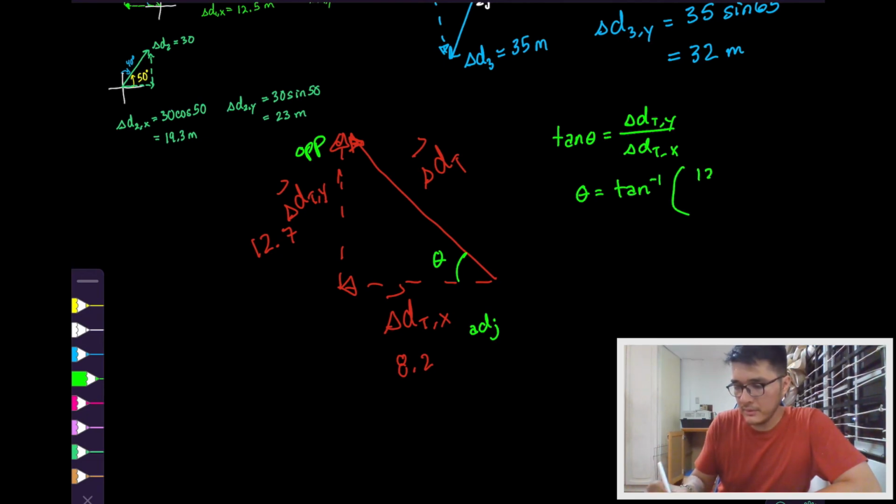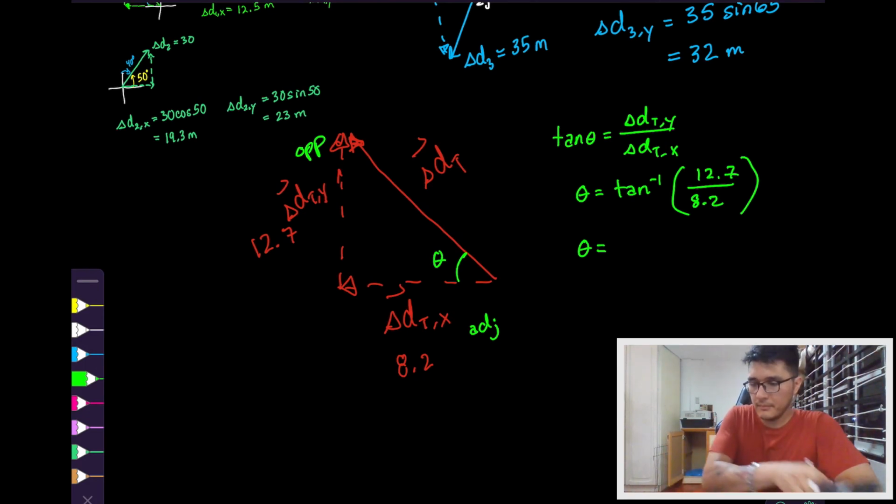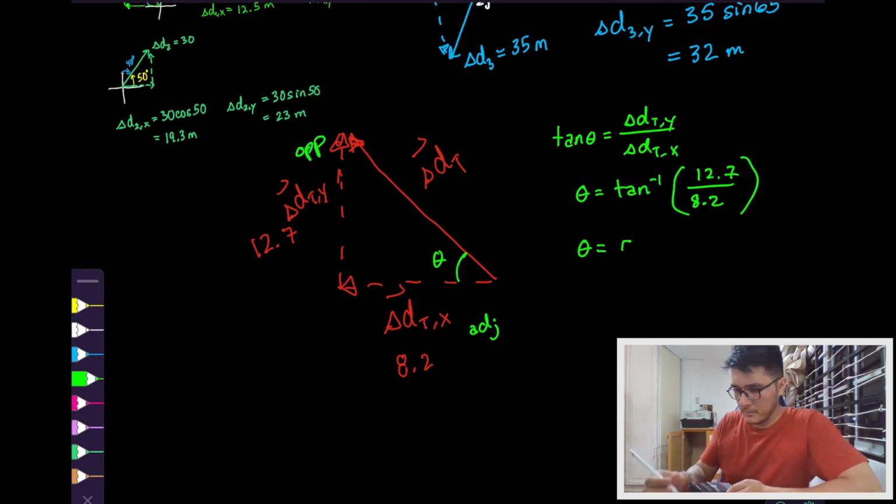Tan inverse of 12.7 over 8.2. So this is 57 degrees.